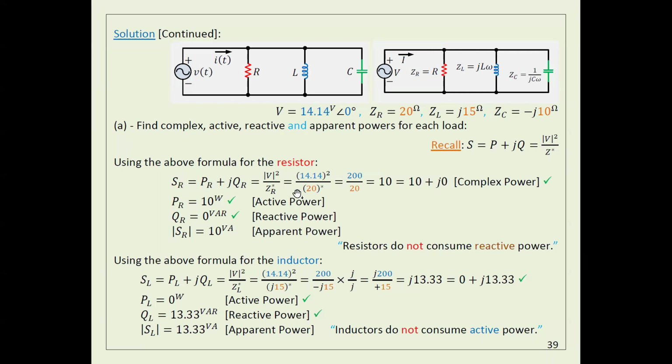After you get the power, you don't need to convert the power back to the time domain. Once you calculate the power, I want to know what value you have here, because this one gives you the average power. I also want to know how much we have here, because this value gives you the reactive power.